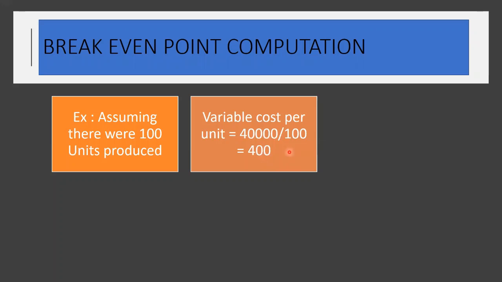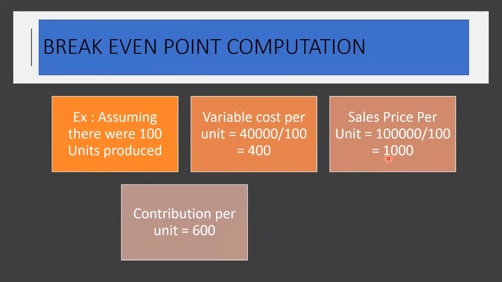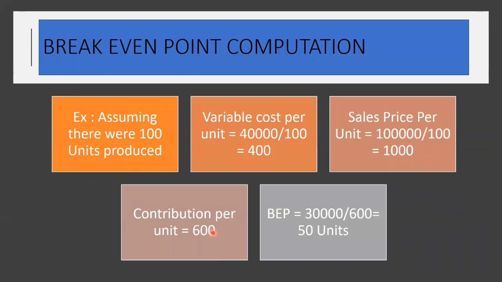And our sales price per unit, 1 lakh is the sales value, divided by 100 is 1,000. What is contribution? 600. What is break-even point? 30,000 divided by 600 is 50 units.